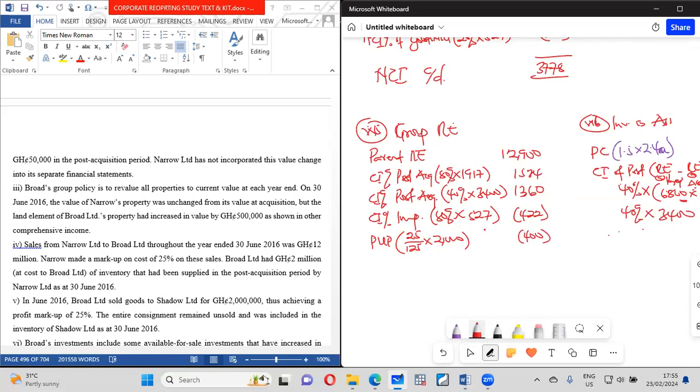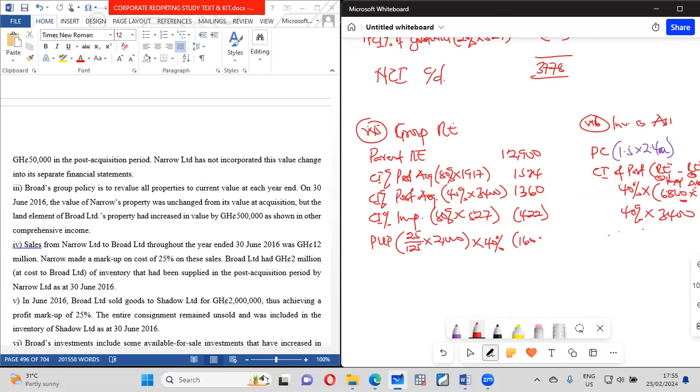Now this 400, we do the CI share of that PAP, the unrealized profit. We multiply it by the 40% we own inside there, by 0.4, which is 160.